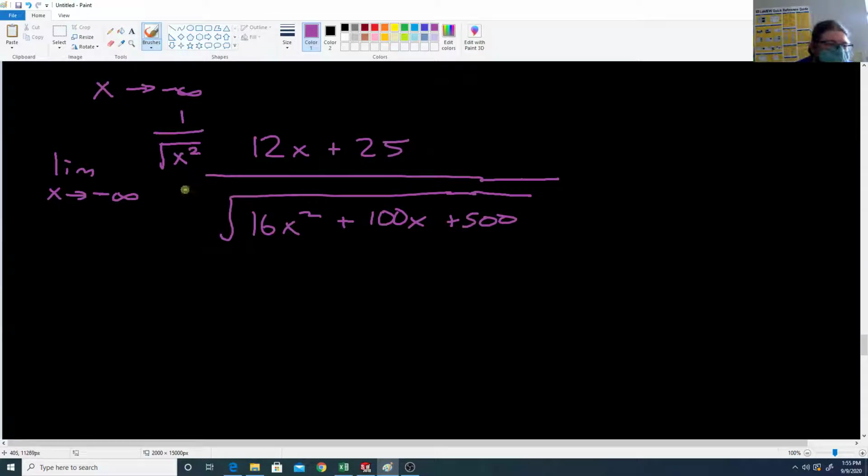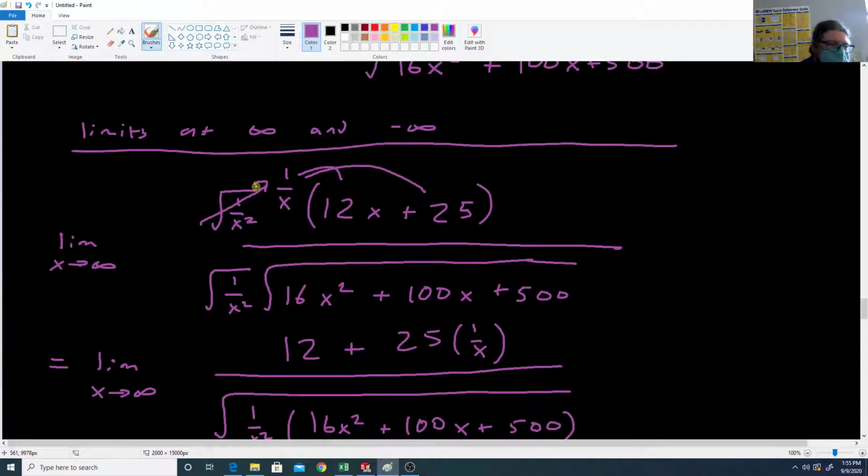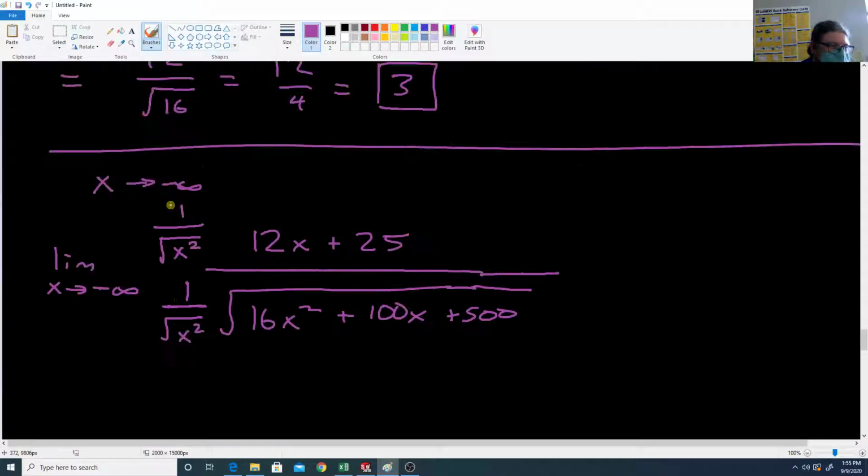The problem is going to come when we try, in the top, to do the step where we said this goes back to 1 over x. That's not really what's going to happen here.